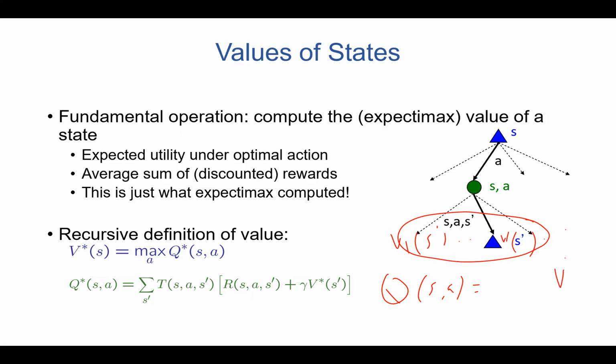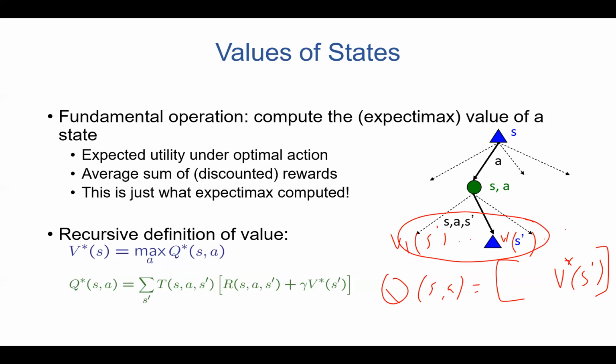That means you're looking at the value of each child node, and you're going to get the weighted average, the probability times V.